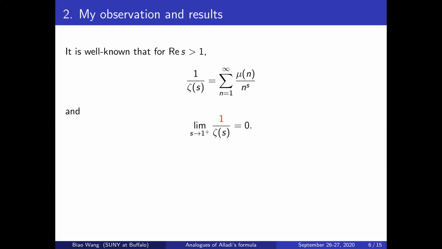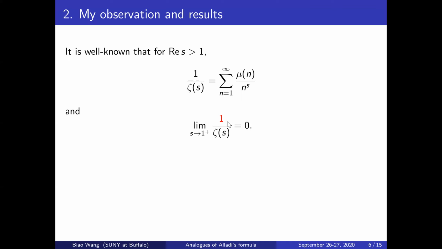Okay, so my goal is to prove some analogues of those results. And here is my observation. First, we know that the Dirichlet series of the Möbius function is the reciprocal of the Riemann zeta function, and the limit of this reciprocal as s goes to 1 from the right-hand side is 0.